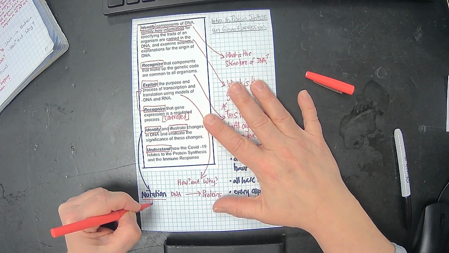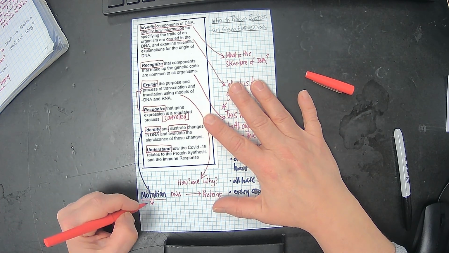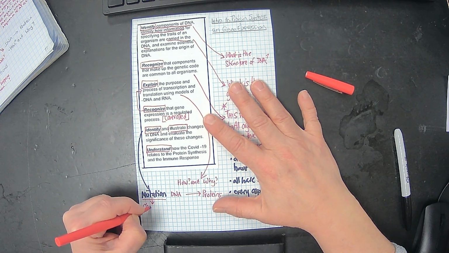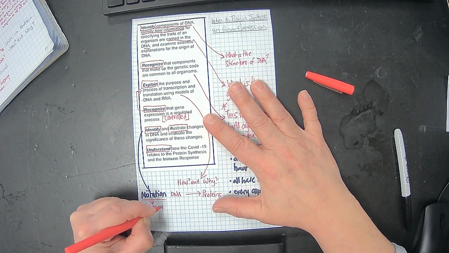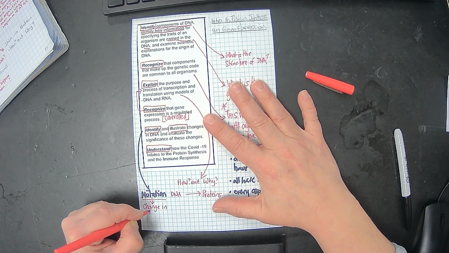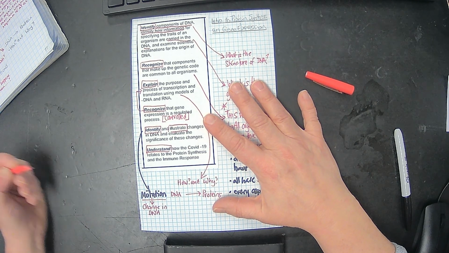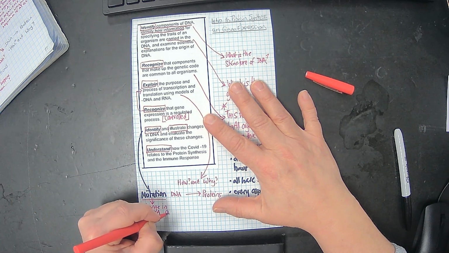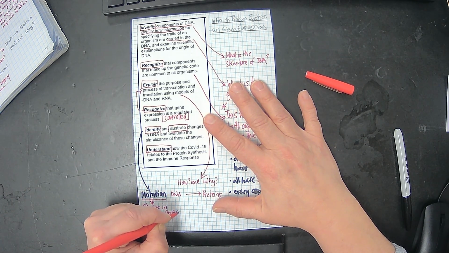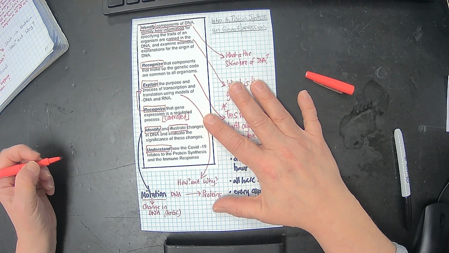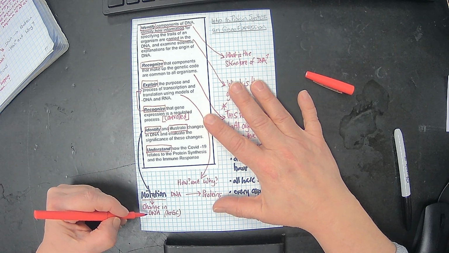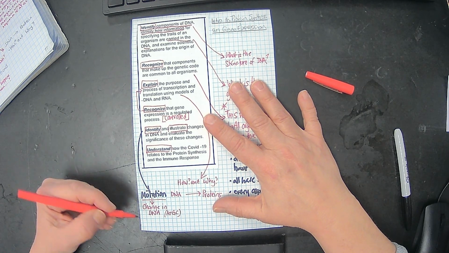So a mutation is nothing more than a change in DNA. And since the most important thing in DNA is the ATGCs, if we change the sequence of ATGCs, we've changed the DNA. If we change the DNA, we have a mutation.